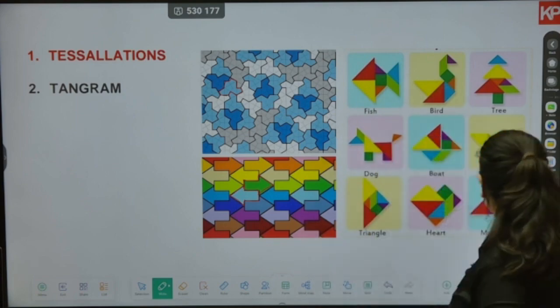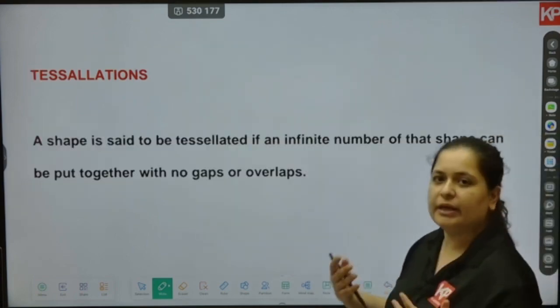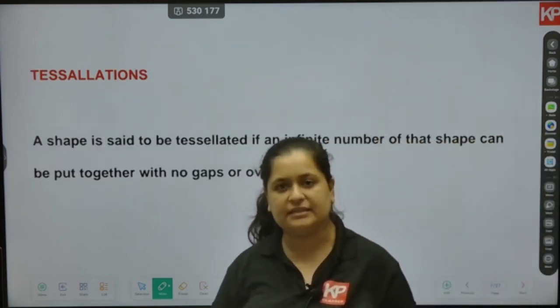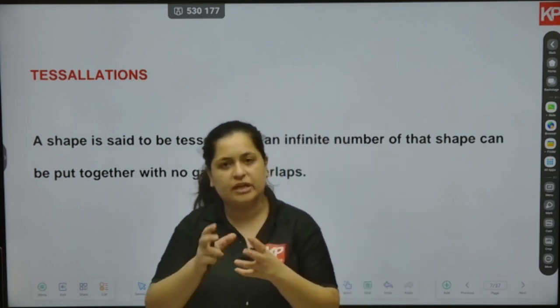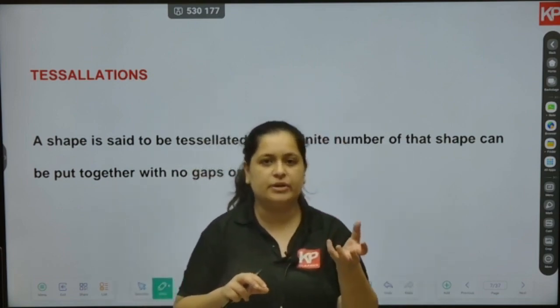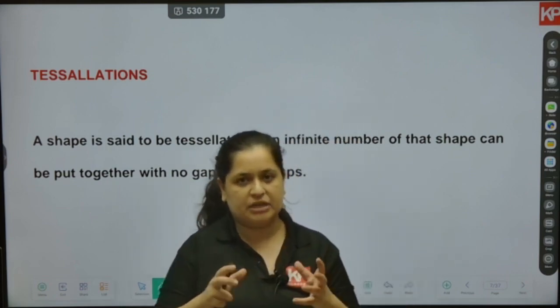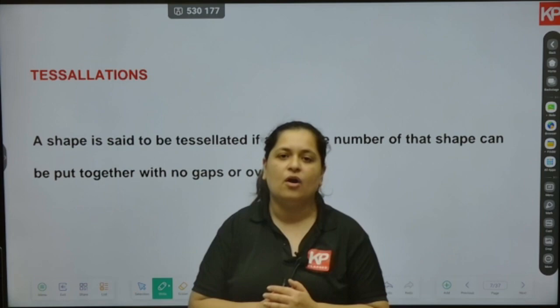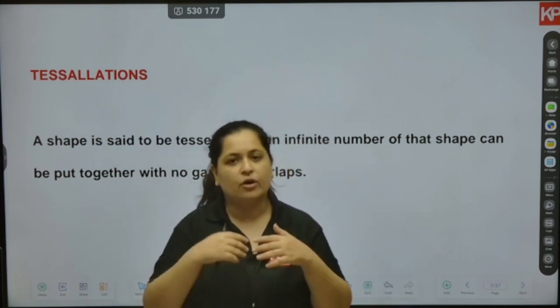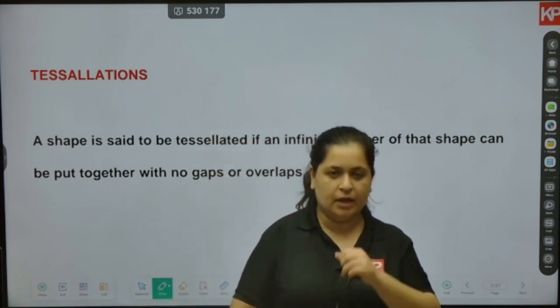The kind of questions that we get in CEED exam are with respect to tessellations. You can get a rotation of 90 degrees as well as a rotation of 180 degrees of the shape, and you can also have scaling of that particular shape or flipping of that particular shape.